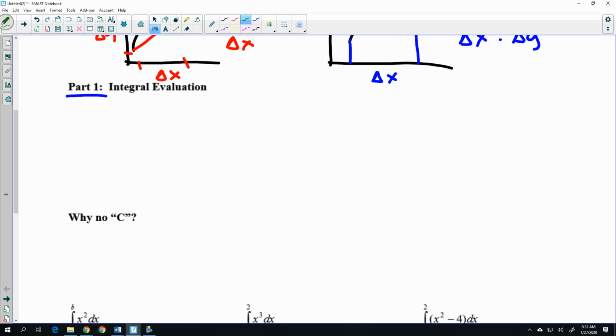So it says, if f of x, notice it's lowercase, is continuous on this interval, what does that mean? Why do I want things to be continuous? That's saying I can take the derivative. The derivative must have been able to happen.